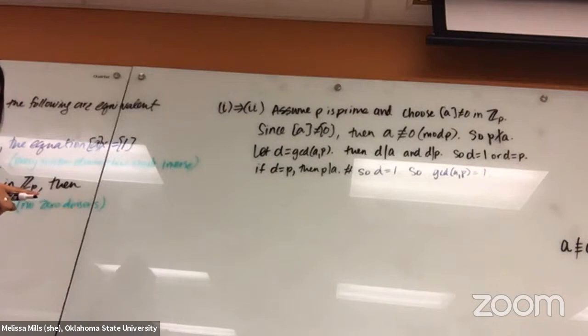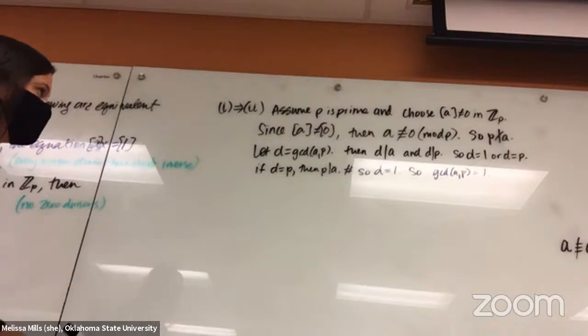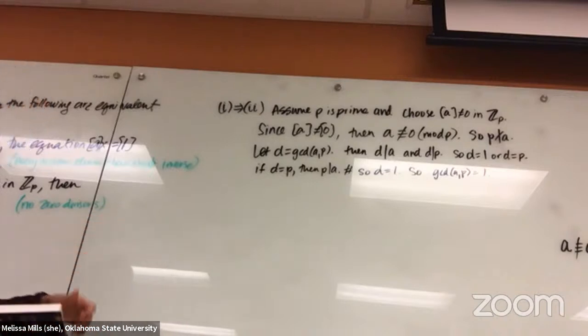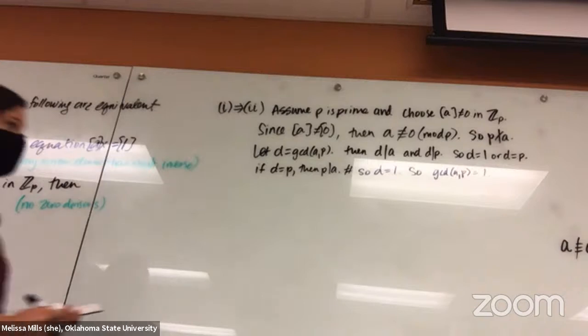Now, if I have the GCD equal to 1, what does that give me by the linear combination theorem? They're co-prime, yes, but how can I write it?